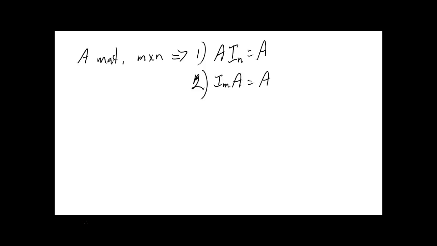So the sizes are right now, but notice those are not necessarily the same matrices. So I sub m is an identity matrix of order m. Remember, identity matrices are always square. Times a matrix A, m by n, is going to be A, m by n again. Okay. So let's do example 6. We'll clear this out of the way.